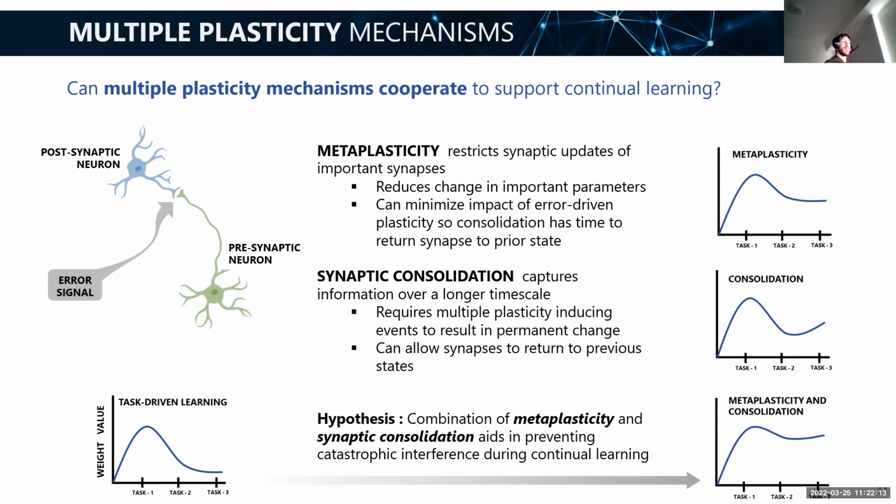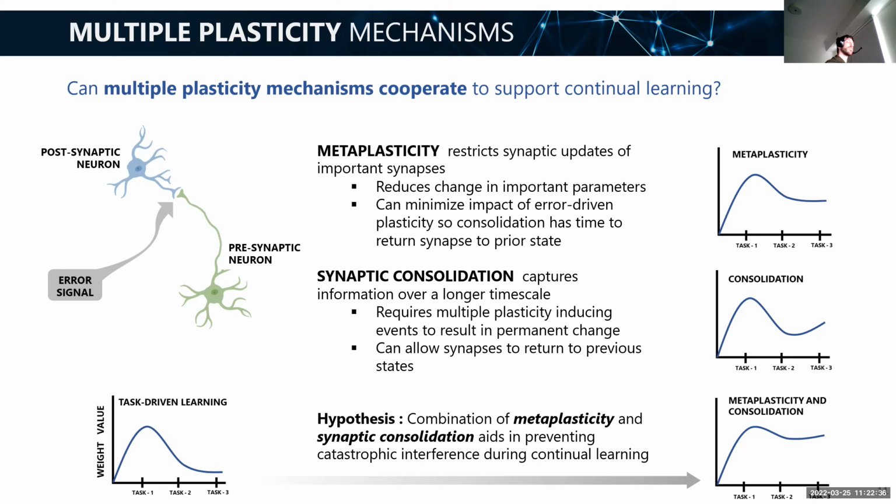But unlike metaplasticity, it can allow some of those weights that change during task 2 but haven't fully consolidated to return back to their previous states. And you regain some of your performance on task 1 because you're returning to an older state where you did better on task 1. So by combining these two, you get the best of both worlds.